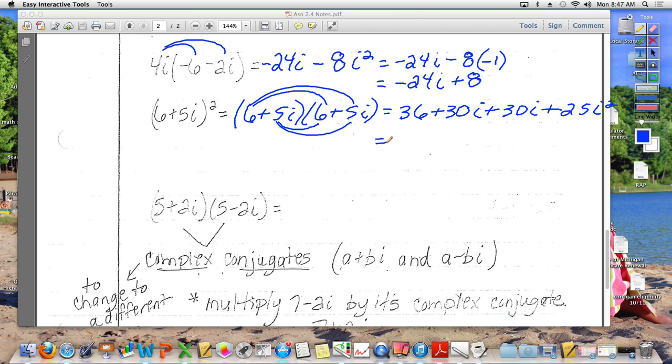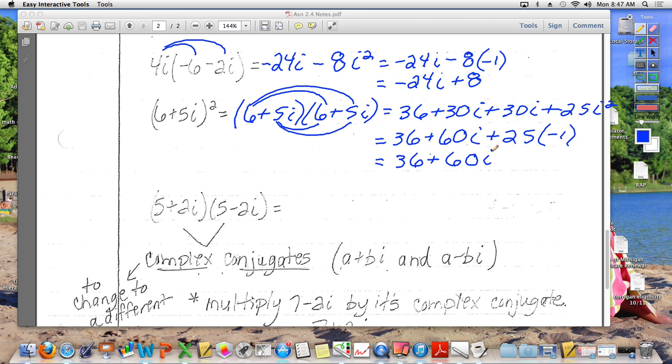Equals 36. What's 30i and 30i? 60i. And then we have 25 times negative 1. Very good. Equals 36 plus 60i.